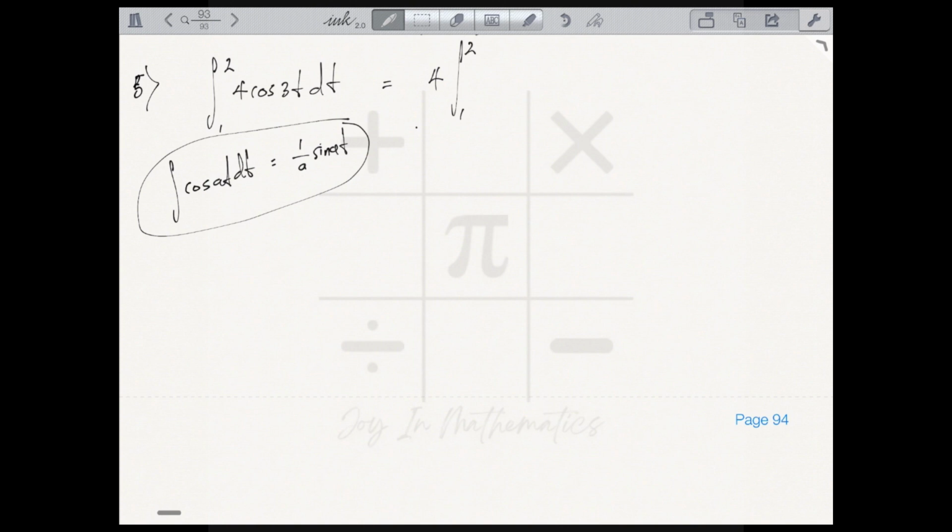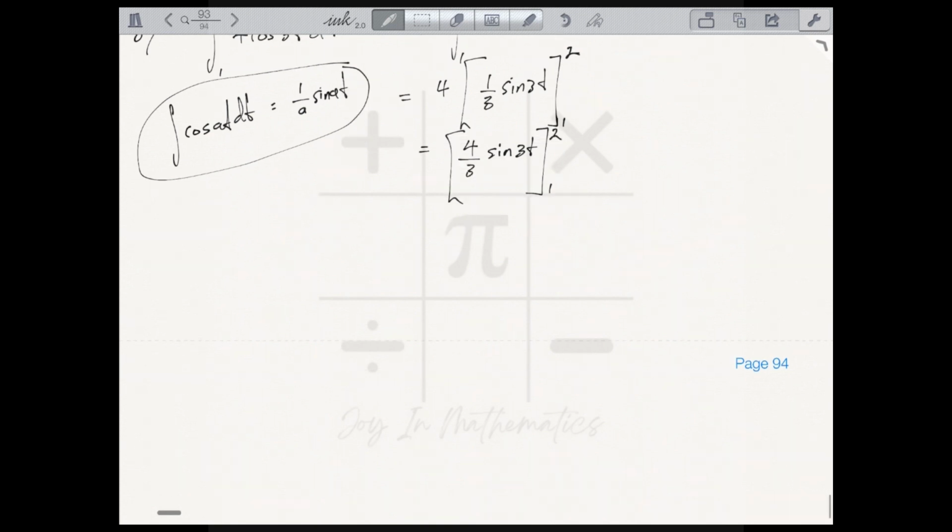Integrating cos 3t dt, we'll have 1 over 3 sine 3t from 1 to 2. Now this will give us 4 over 3 sine 3t multiplied from limit of 1 to 2.